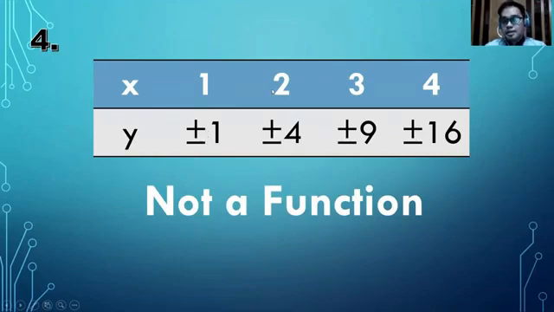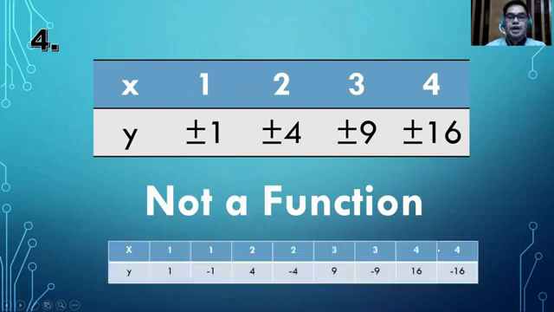Same here, 2 is being paired with positive 4 and negative 4, 3 with positive 9 and negative 9, and so on. Or to have a better understanding, 1 is being paired with positive 1, and 1 is being paired with negative 1, which is considered as having the same abscissa.